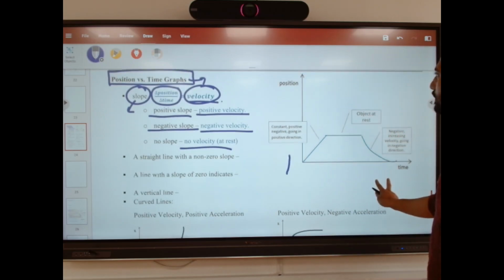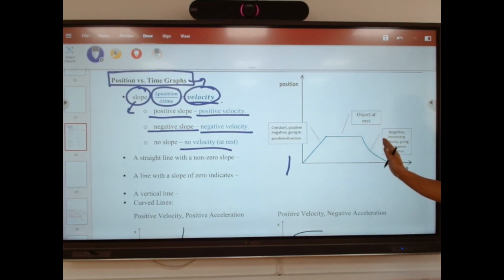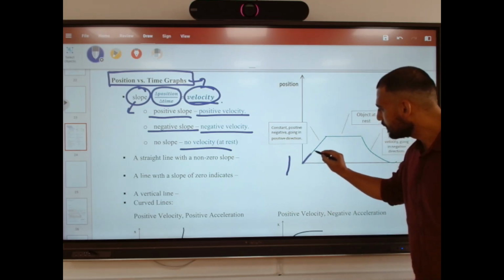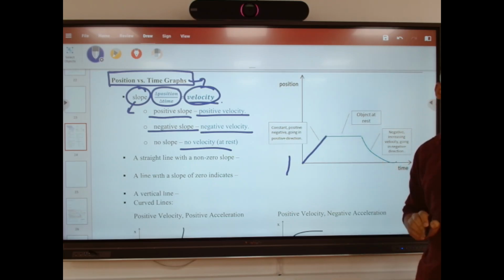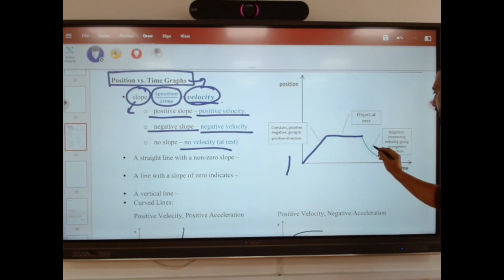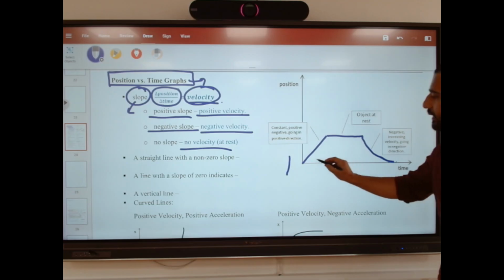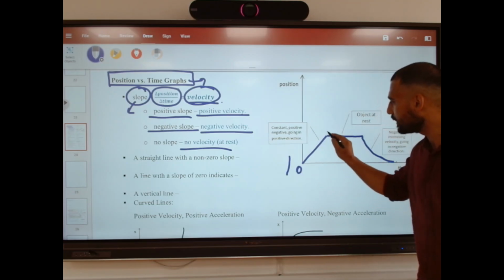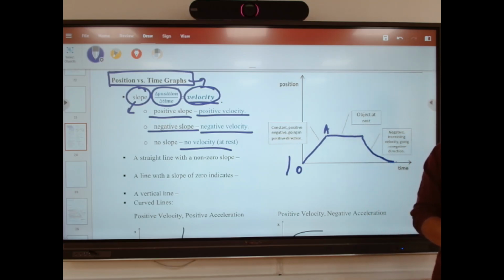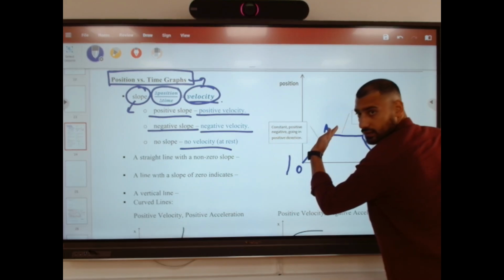See, in this graph we have three parts, isn't it? First, the graph is going up, then it is horizontal, and then it is decreasing, isn't it? So if I ask you, in the first part, from O to A, what is happening? It is straight, isn't it?